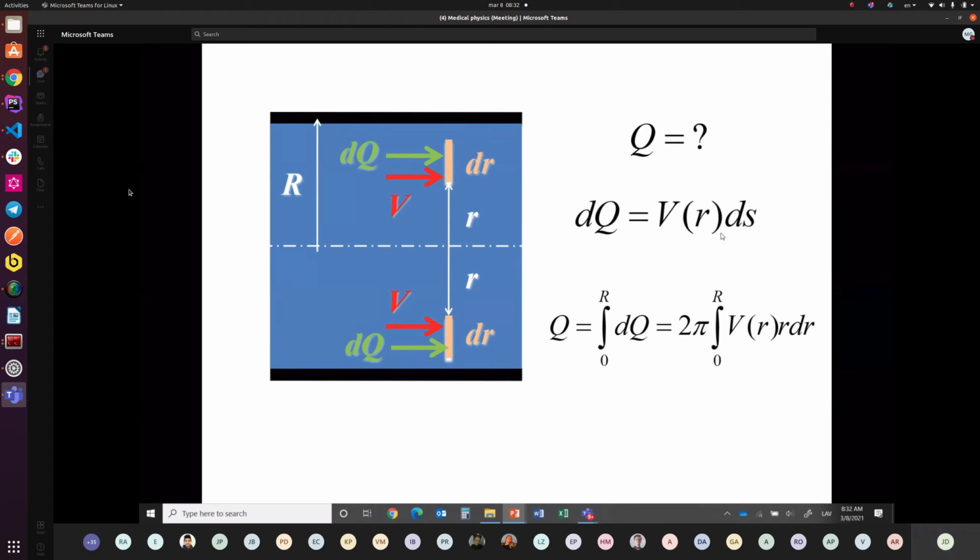If you integrate dq, we have v(r), and ds we can describe as the radius r with 2 pi, the length of this ring, with its width dr. So 2 pi r dr, and 2 pi are constant, that is why I'm writing them in front, and we have r dr. Is this clear?